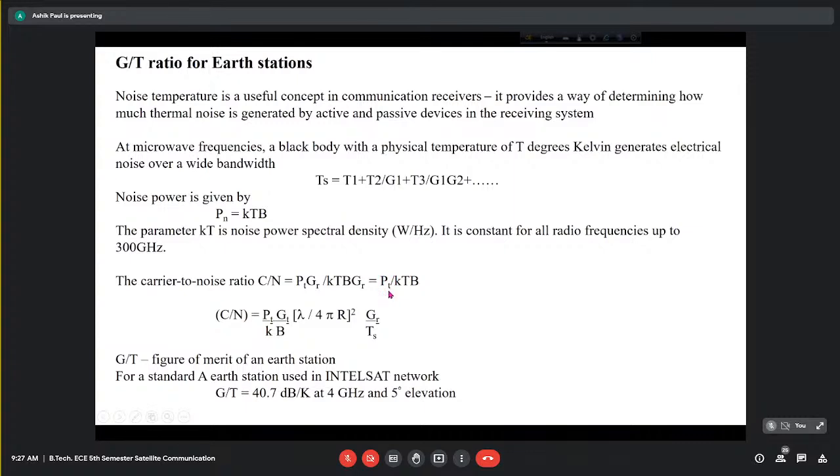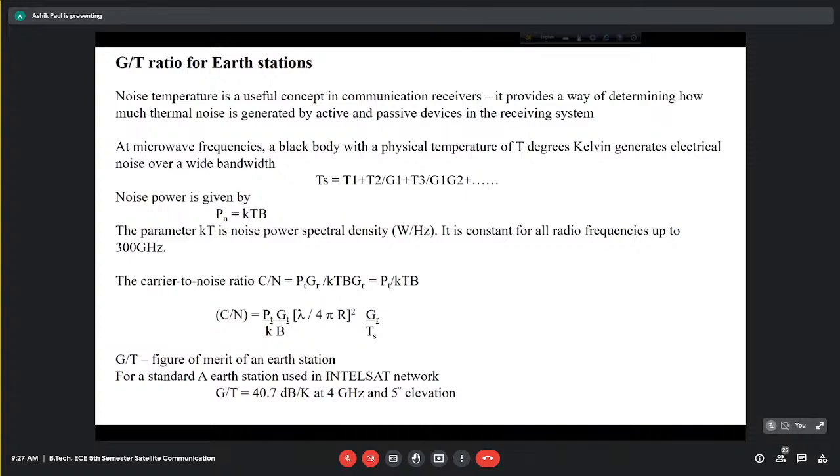And now in place of this, you can also put these expressions: the EIRP, PT into GT, divided by k into B, and lambda by 4 pi r whole square, GR by TS.